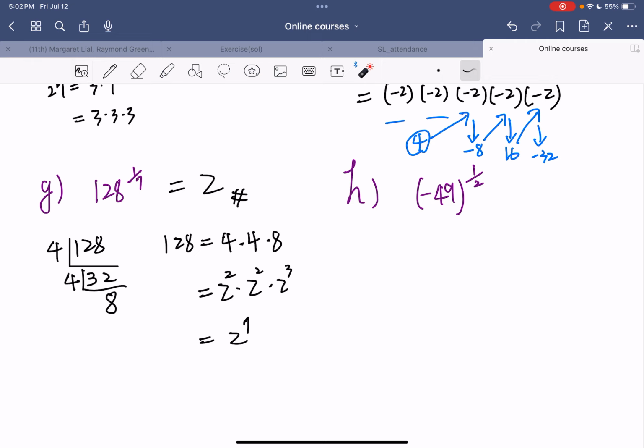And last one. Okay, so we pay attention to this question. Is 1 over 2 for exponent, but its base here is negative 49.